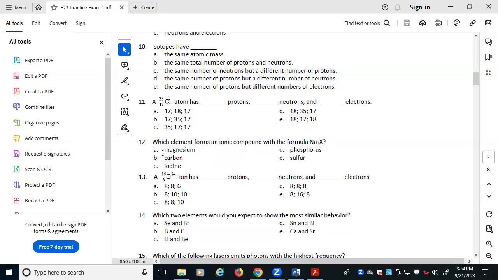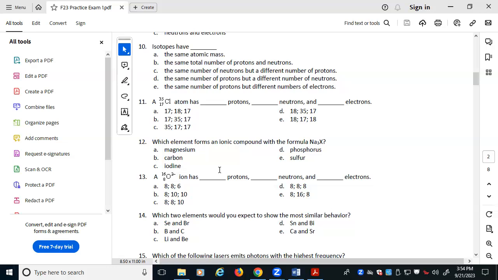So when I get into questions like this one here on number 12, what element forms an ionic compound with the formula Na3X?